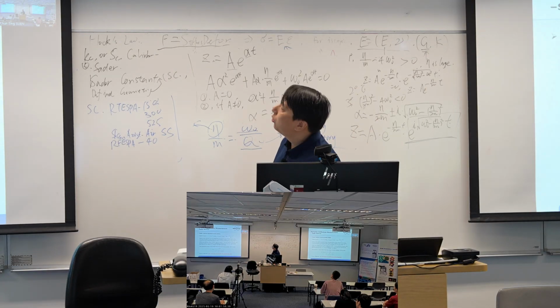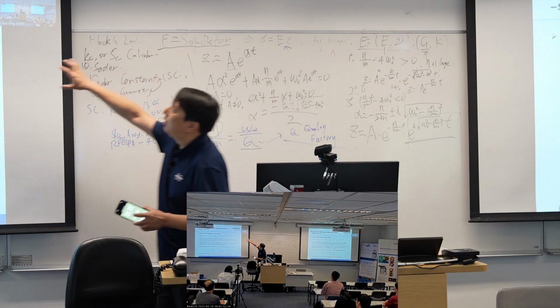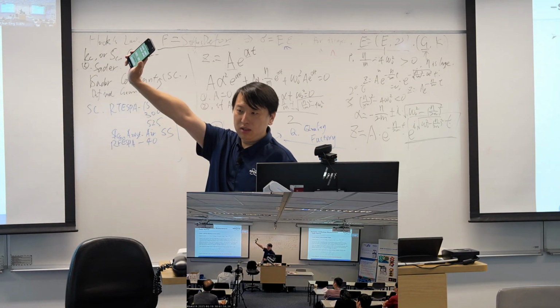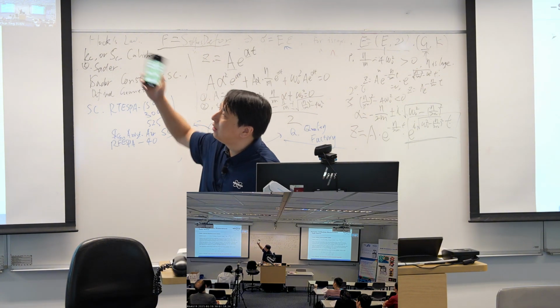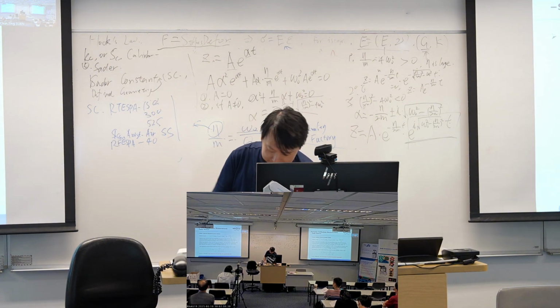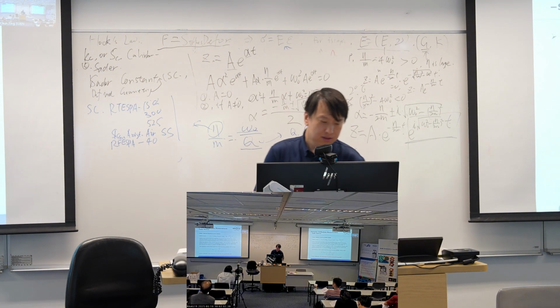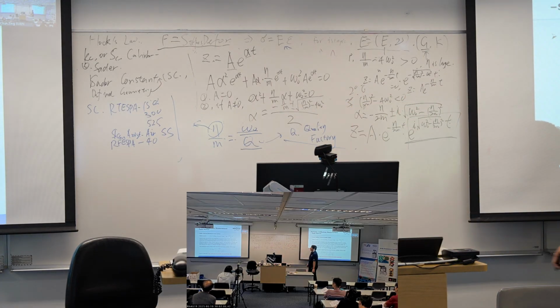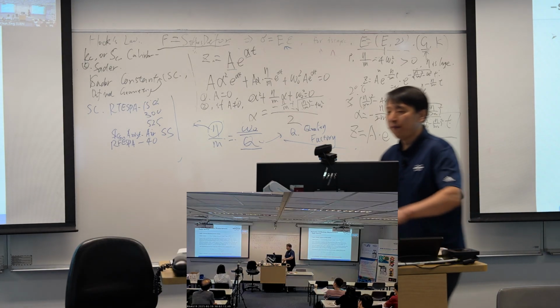Okay, so that's about the calibration of our spring constant. So yeah, you can have the application on your cell phone. Okay, so that's the old method you can use to calibrate your probes.